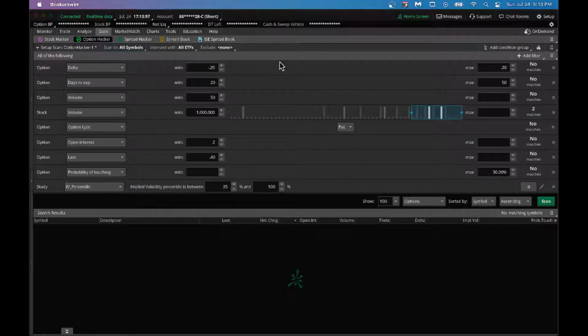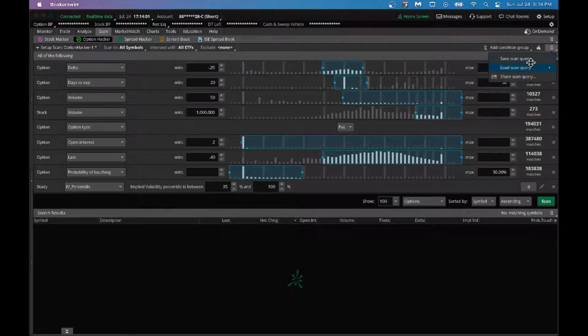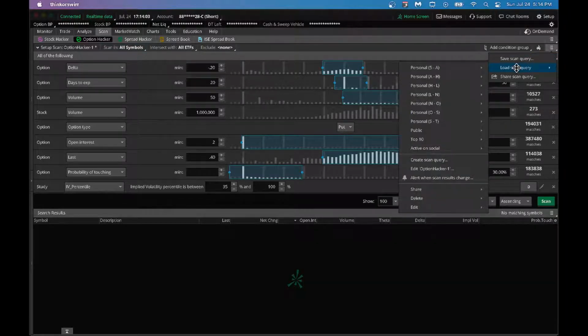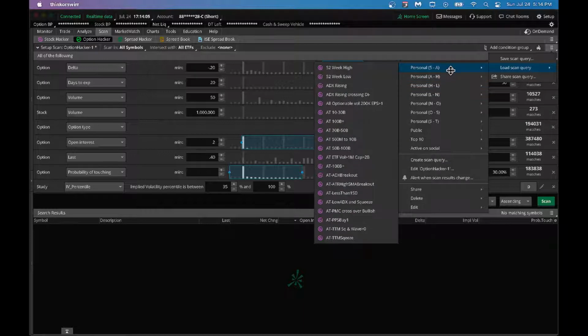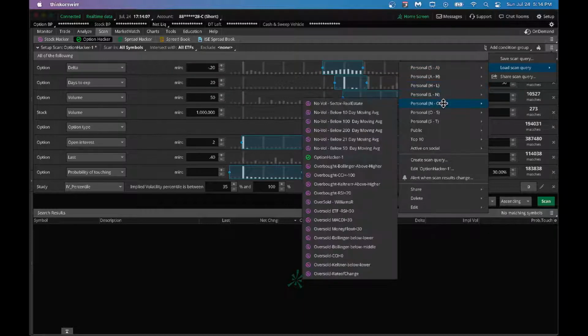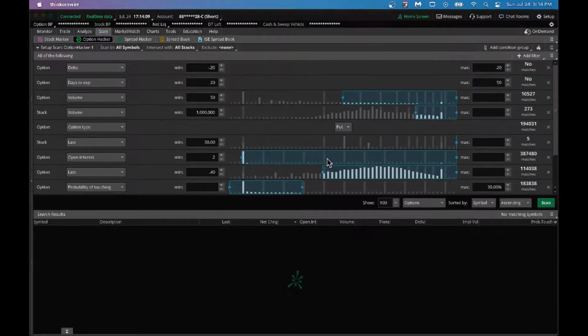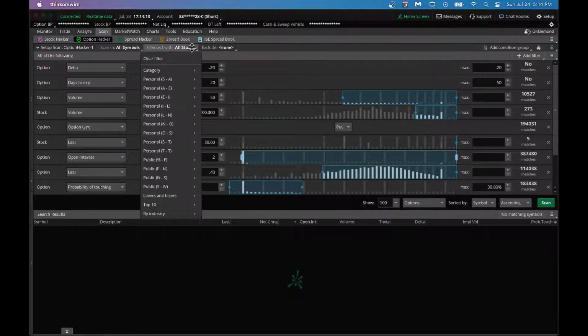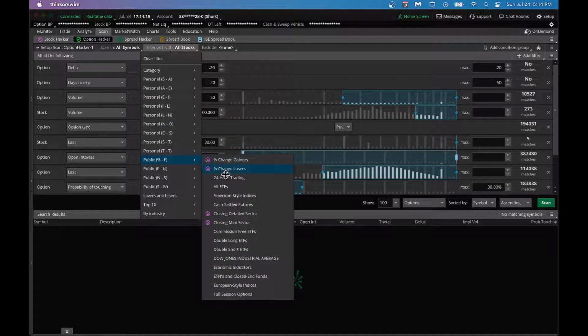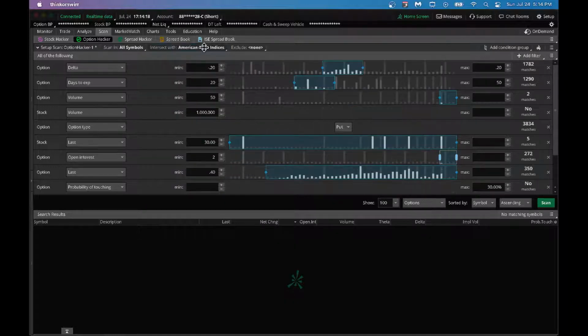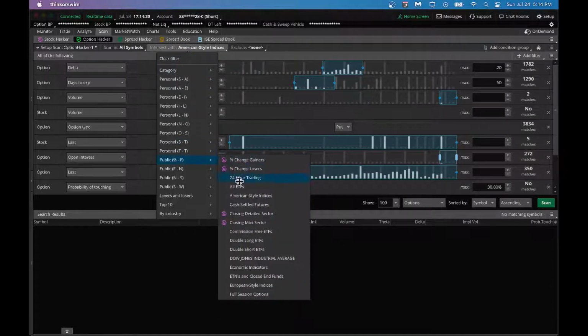And let me do one thing. Instead of saving this, I would load the scanner again. I've got my Option Hacker here. Let me bring it up again, and instead of all stocks, let's do all ETFs and go from there. Oops, let's go back here, all ETFs.